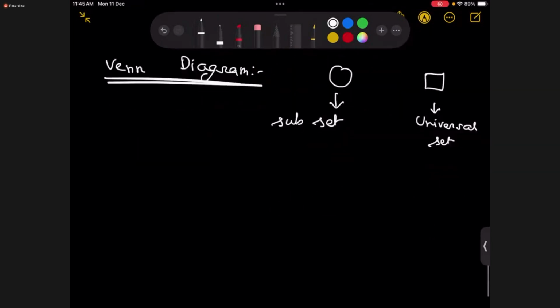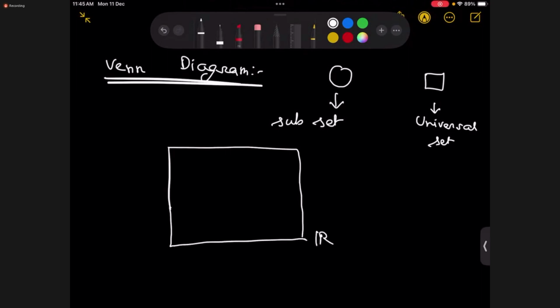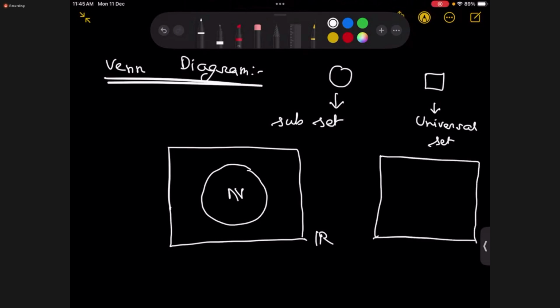First take some examples. There is no formal definition, but we can say, for example, this is our universal set R and the subset is the natural numbers. Or we can think of this as the universal set, the rational numbers Q, and this as our subset, the natural numbers.